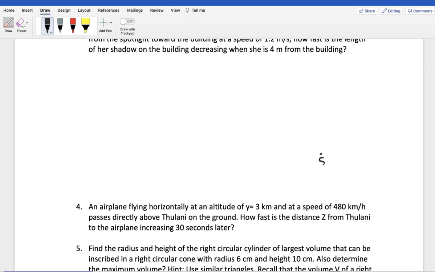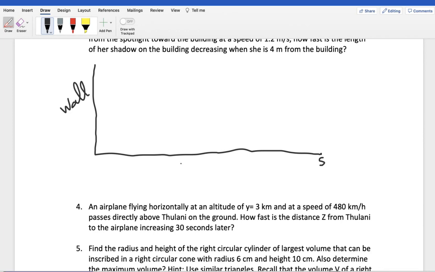Let's call it S. And the wall is 20 meters away. So this distance between the spotlight S and the wall here is 20 meters.